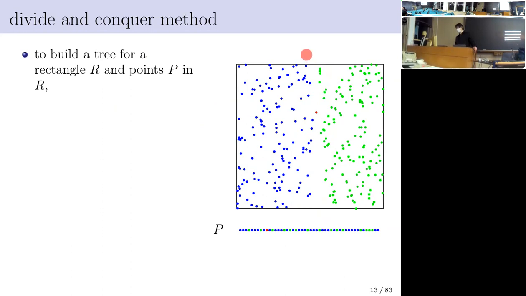How you choose this vertical line is one thing, but let's assume for a second that we have already determined the vertical line with which we split the entire space. Then all you need to do is just collect all the points that should go into the left child and right child.